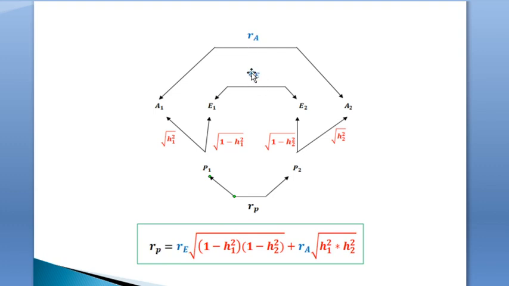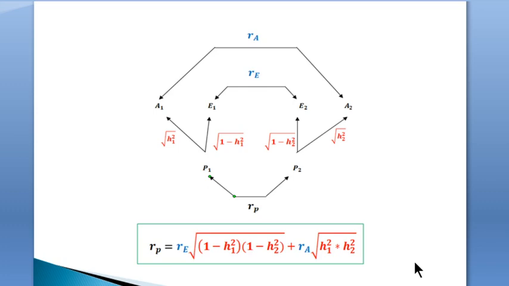We have RE, environmental correlation, times the value of E1 times the value of E2, that is the first track, plus the second track now, genetic correlation RA times genetic effect A1 times genetic effect A2. Now we have our formula.